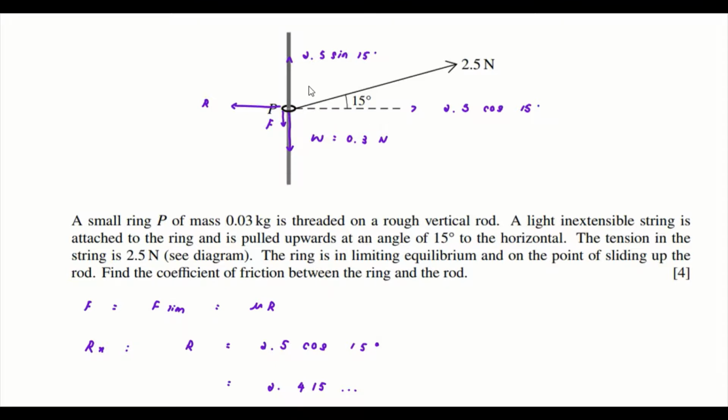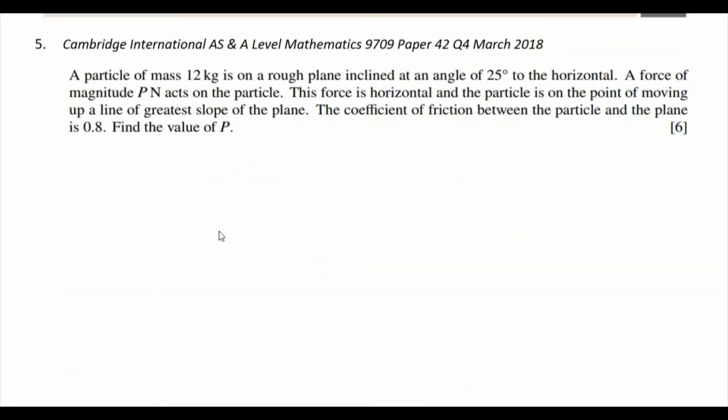Okay, so let's try to look at number 5. All right, number 5, a particle of mass 12 kg is on a rough plane inclined at an angle of 25 degrees to the horizontal. Okay, so which means we might need to draw ourselves here. Sorry, we have this rough plane inclined at an angle of 25. Let me try to redraw it.